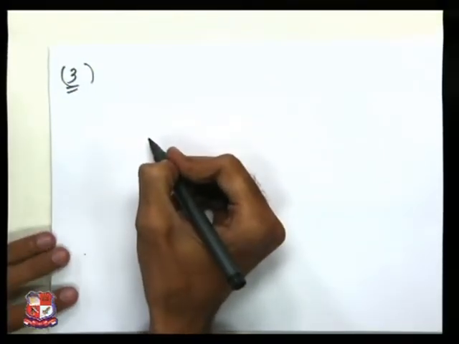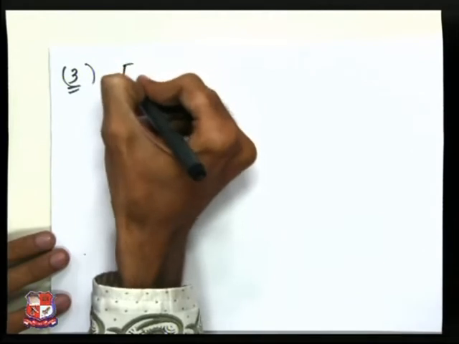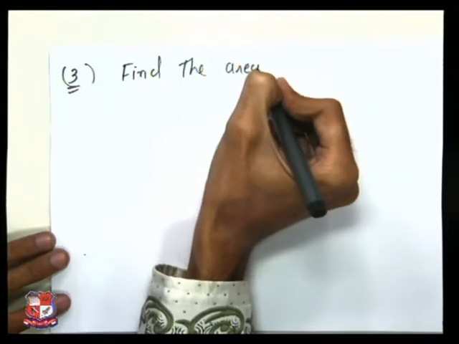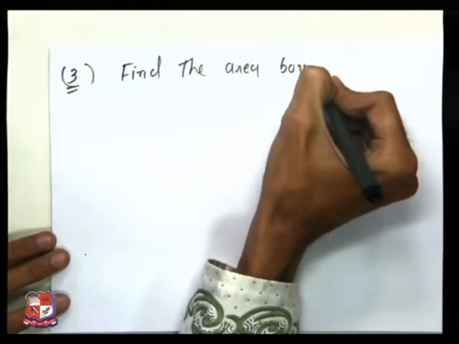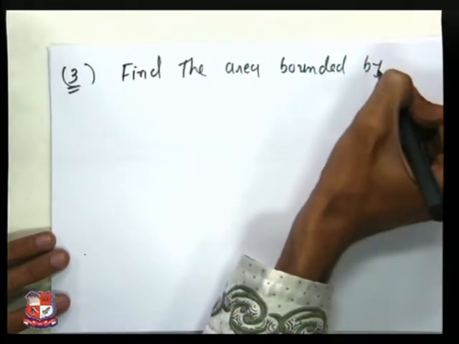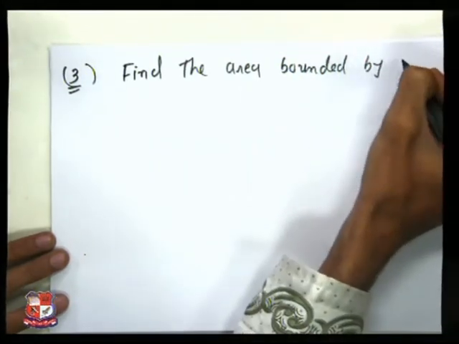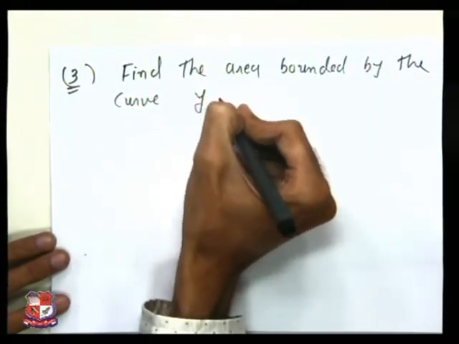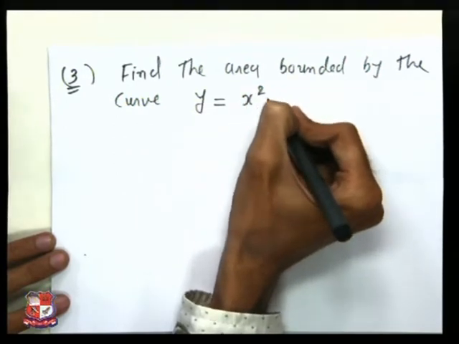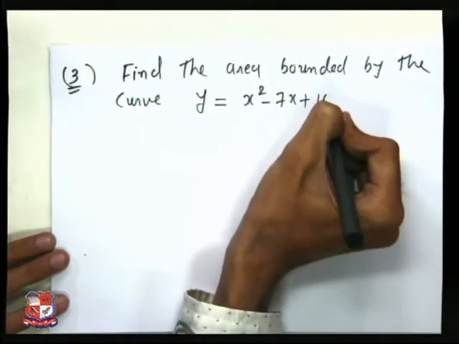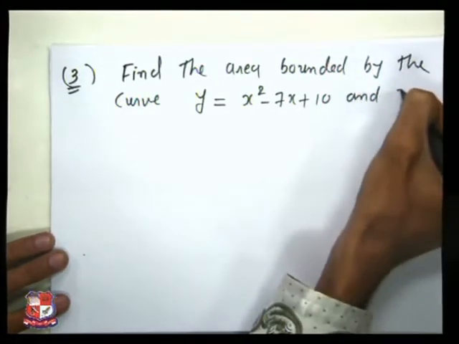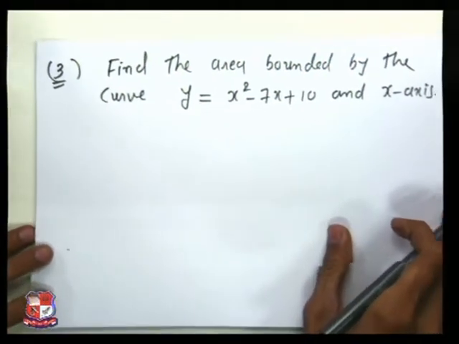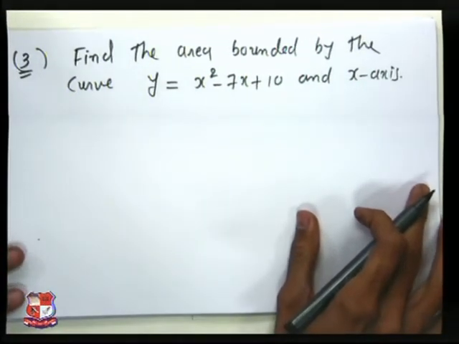Okay, the question is: find the area bounded by the curve y is equal to x square minus 7x plus 10 and the x axis. This is the application of integration. Find the area bounded by the curve.